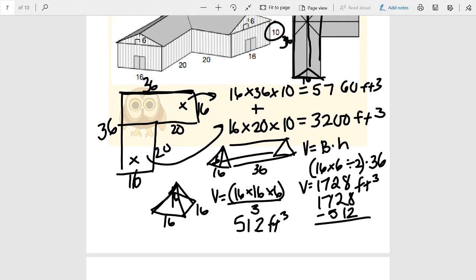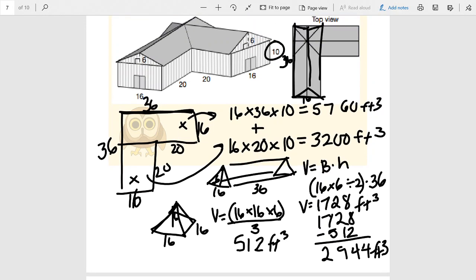Okay, when we actually work all of that out, we get 2,944 feet cubed. Okay, so to put it all together, we have for the one of the rectangular prisms, 5,760, another of the rectangular prisms, 3,200, and the top, the actual peaks of that roof all together would be 2,944.